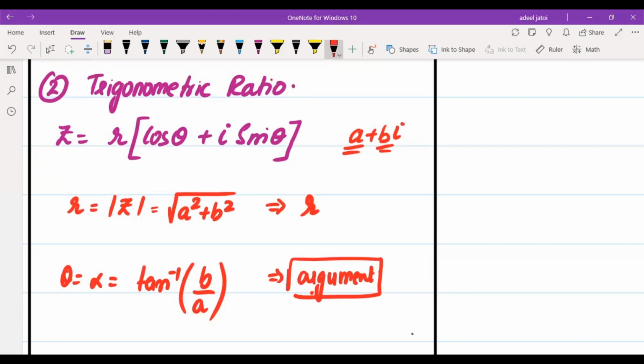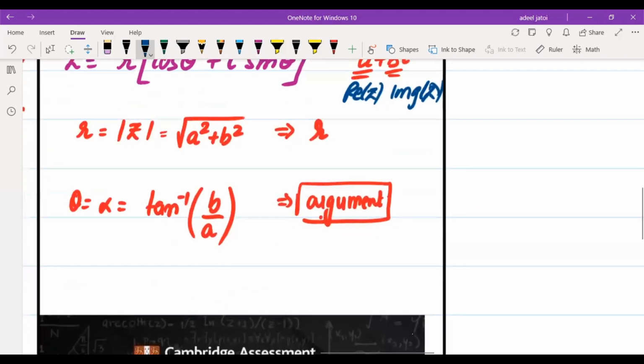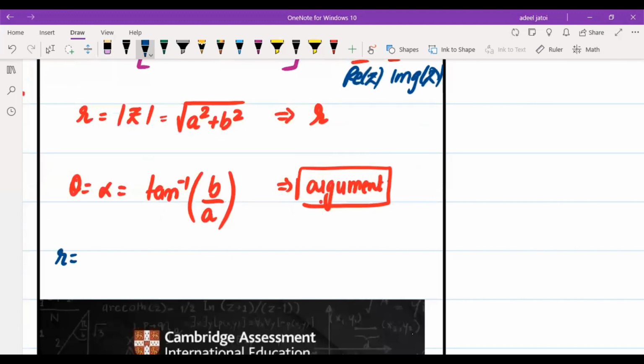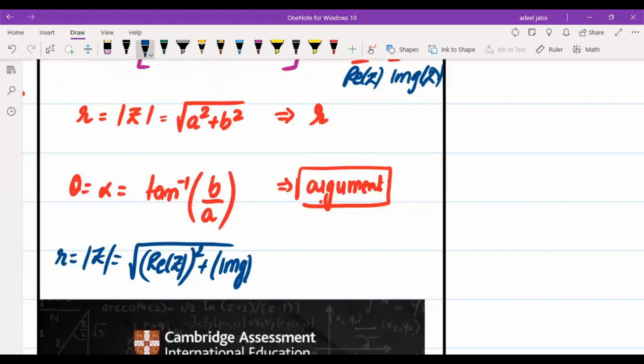So normally in this form, this is the real value of Z and this is the imaginary value of Z. If I want to write down R, which is modulus of Z, this can be written as real value of Z square plus imaginary value of Z square, which is A square plus B square.